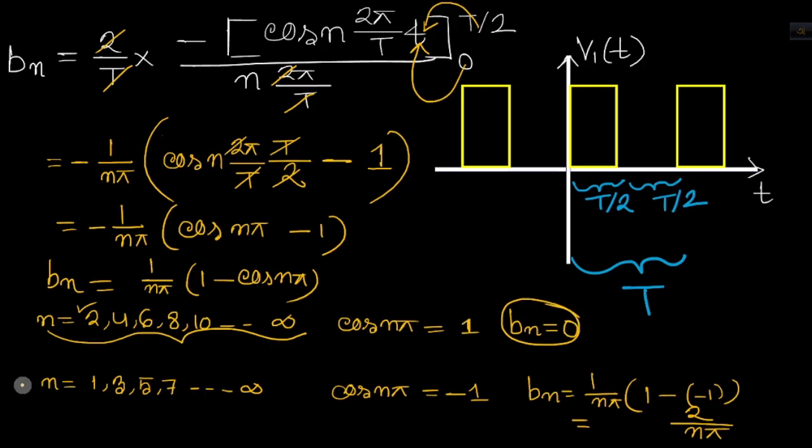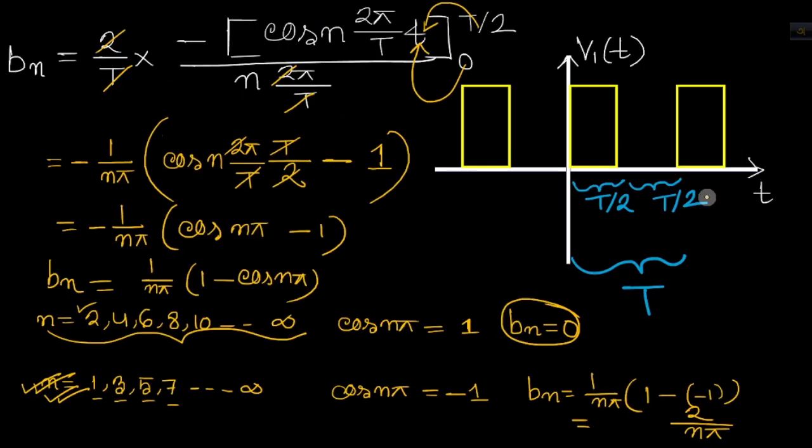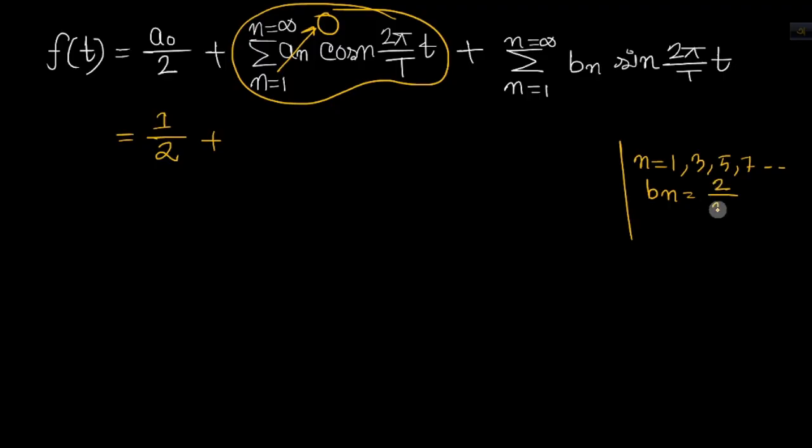That means b_n will have a value only when n is an odd number: 1, 3, 5, 7. So let me write here, n is equal to 1, 3, 5, 7, b_n is equal to 2 by n pi. Okay, so let's write this here.